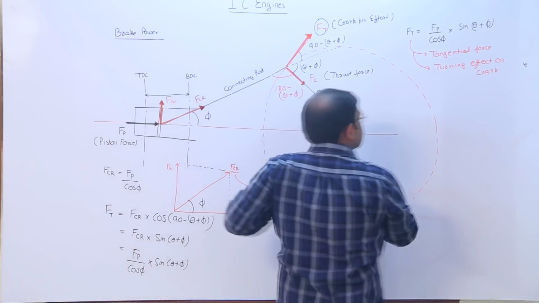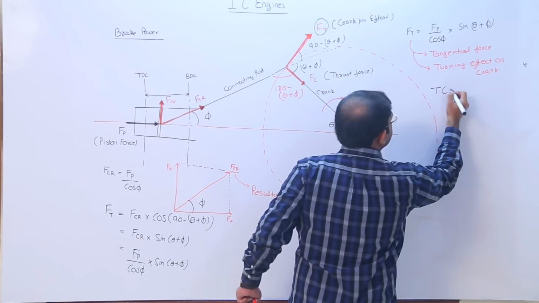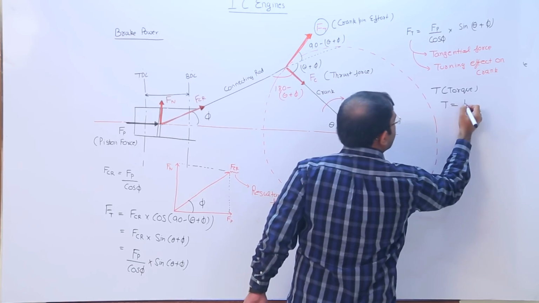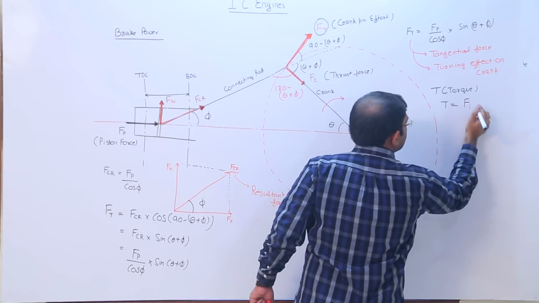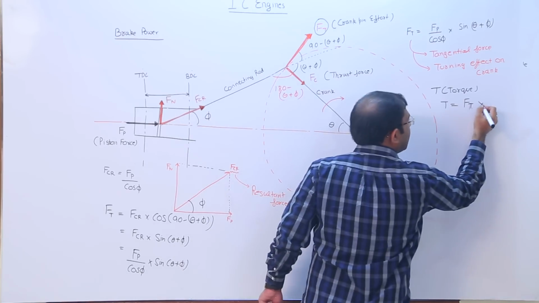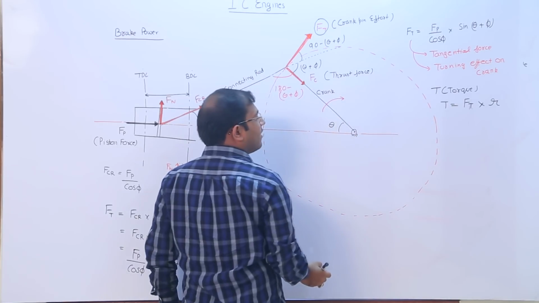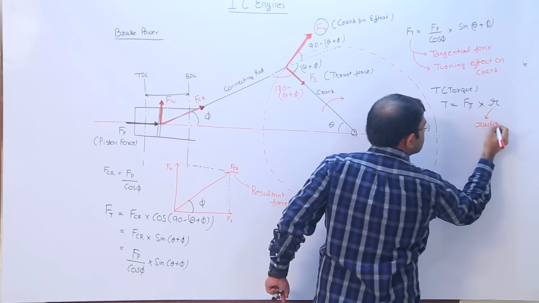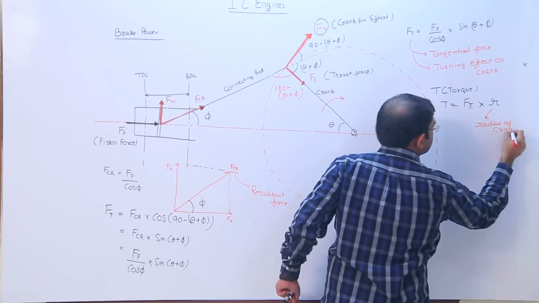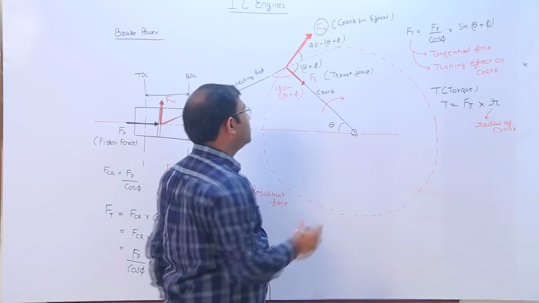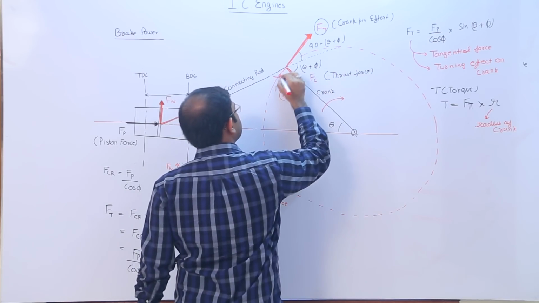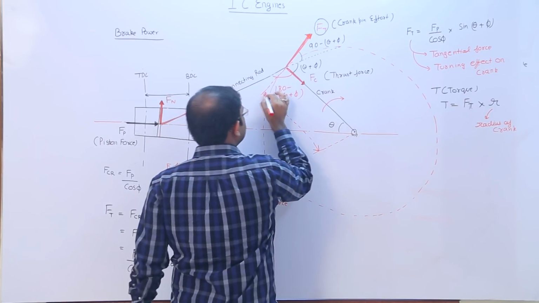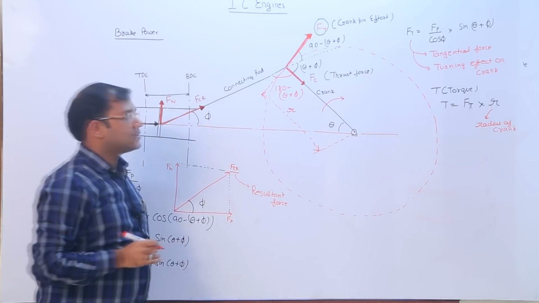Now see, here comes a term T. T is nothing but torque, and T becomes equal to Ft, your crank pin effort, multiplied by the radius R. And what is radius R? R is nothing but the radius of the crank. Is it okay? This length, see students, this length becomes your crank radius R.